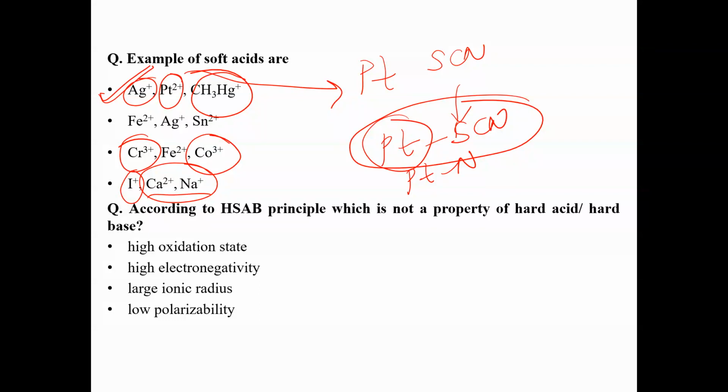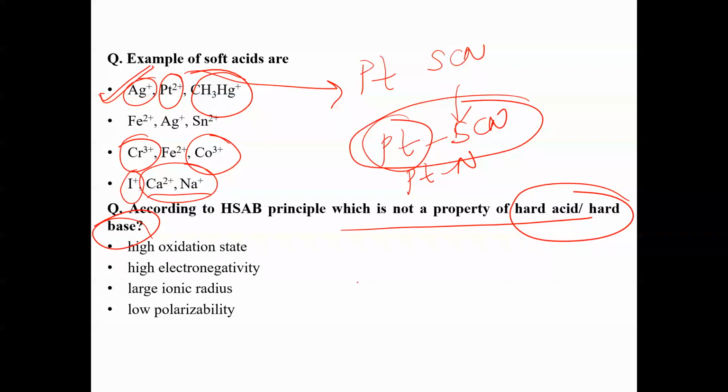So you have to identify the property which is not a property of a hard acid or hard base. High oxidation state, yes, a hard acid has high oxidation state, high electronegativity, right? Low polarizability, right? So which one will not be a property of a hard acid?